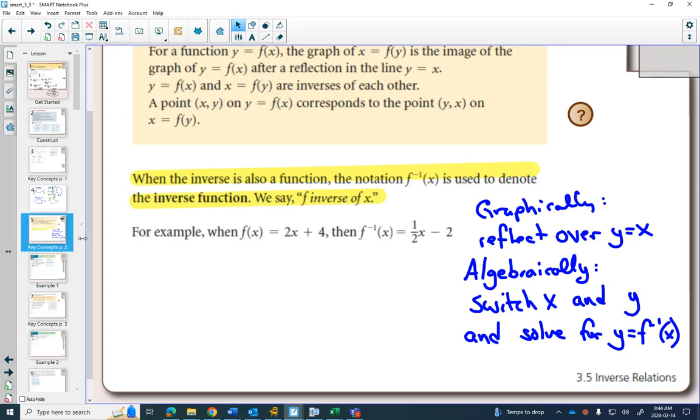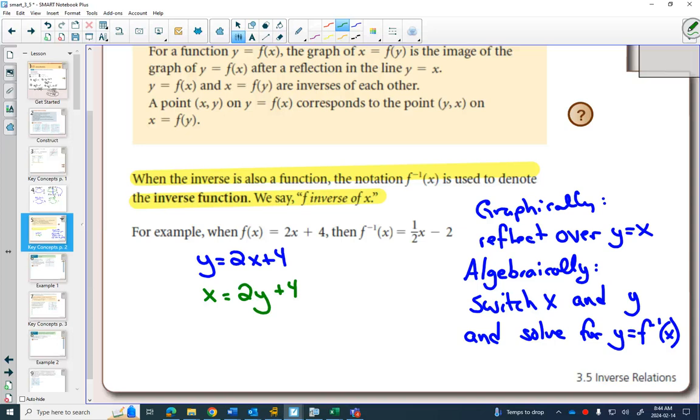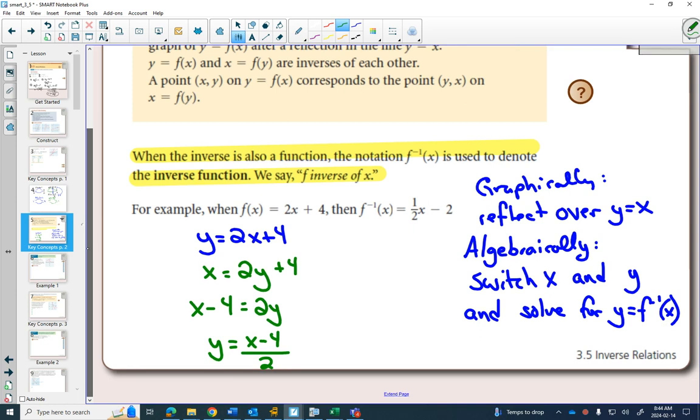So they had this example that f of x is 2x plus 4. If I take 2x plus 4, switch the x and the y, and now solve for y, I have to move the 4 over and divide everything by 2.